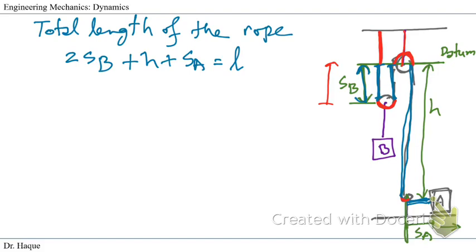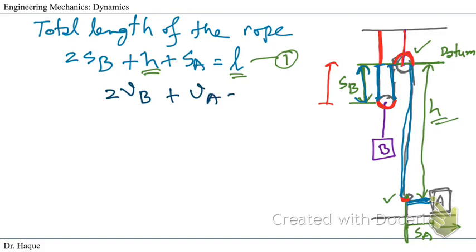If we take the derivative of this equation, we will get this, since this is constant, because H doesn't change, because this pulley is fixed and this pulley is fixed. So what that gives us is twice VB plus VA equals 0.